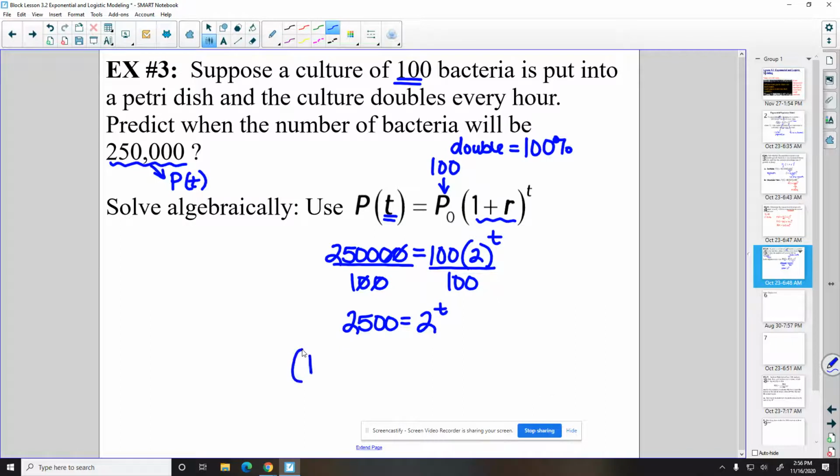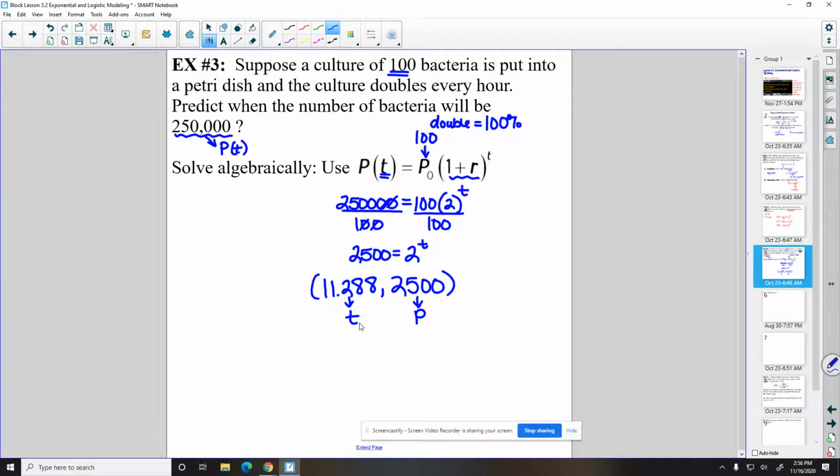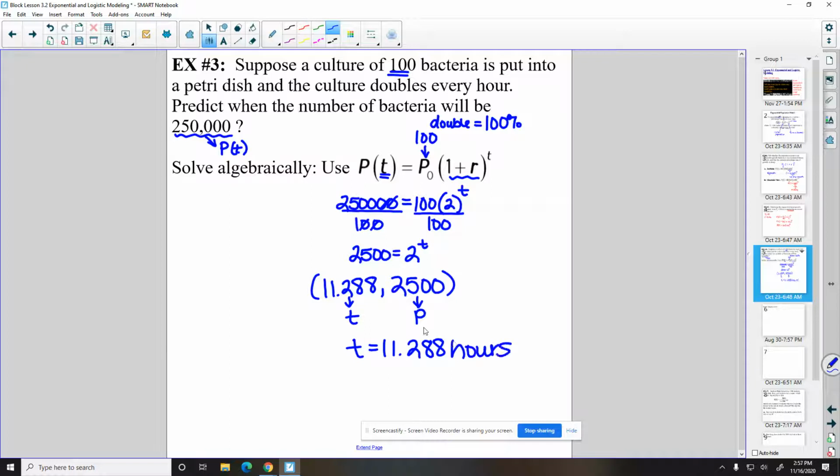They cross at 11.288 and 2,500. And so what this means is that when the time is 11.288, the population will be 2,500, okay? Or solving the equation, I suppose, the time to solve the equation would be the x value. So we're going to say t is equal to the x value, which is 11.288, and that was representing hours in this question.